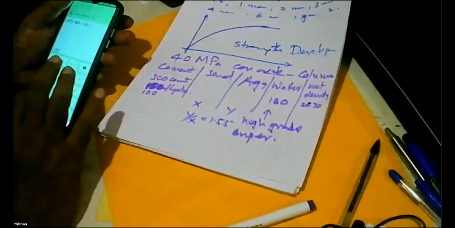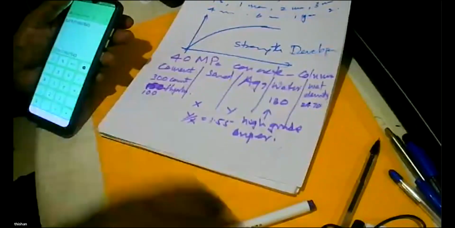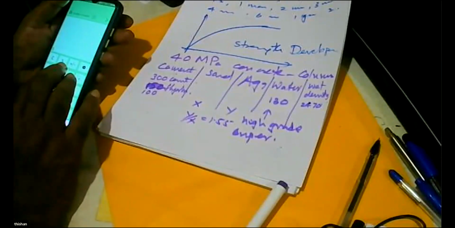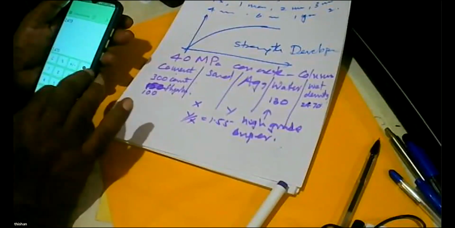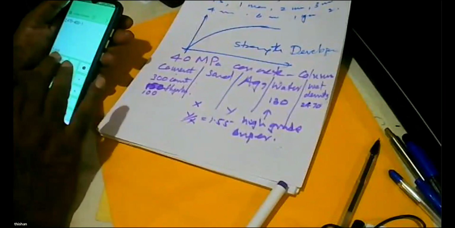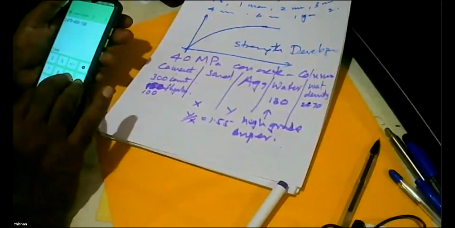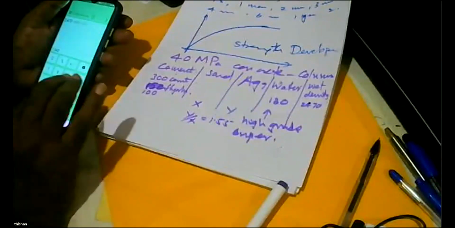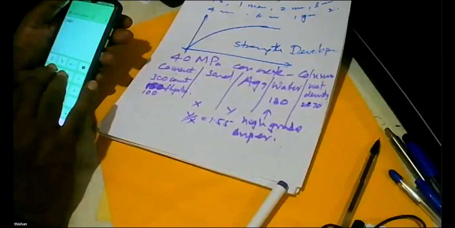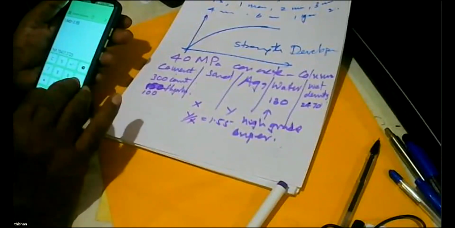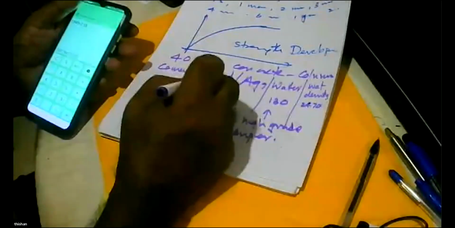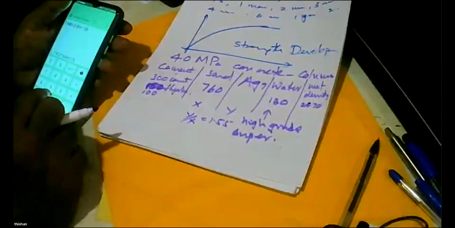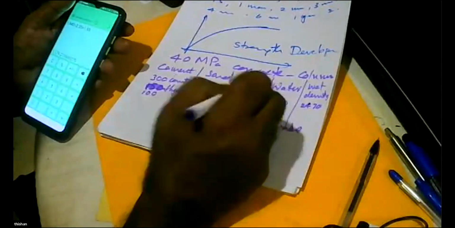So I'll divide this by 2.55. So I need 2470 minus 400 minus 130, that is 1940. Divided by 2.5, 760. And multiplied by 1.55, 1180.